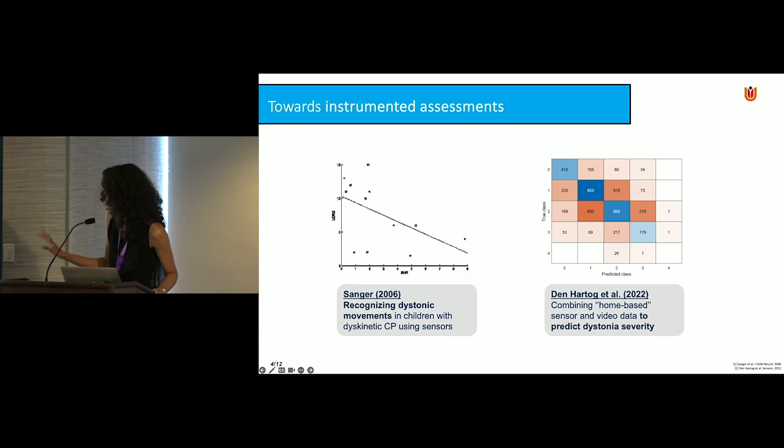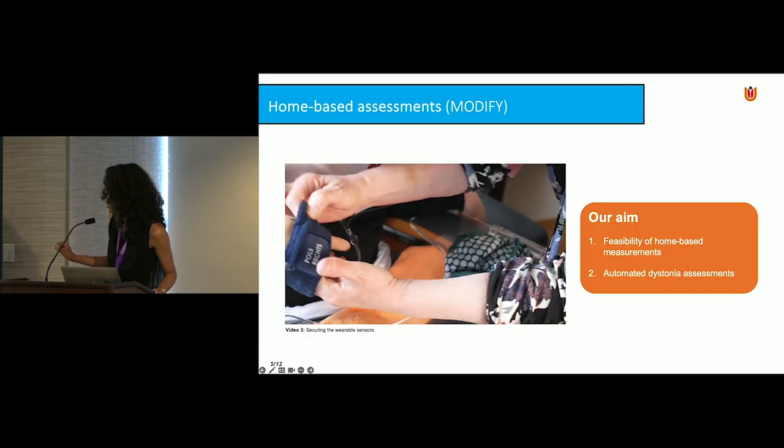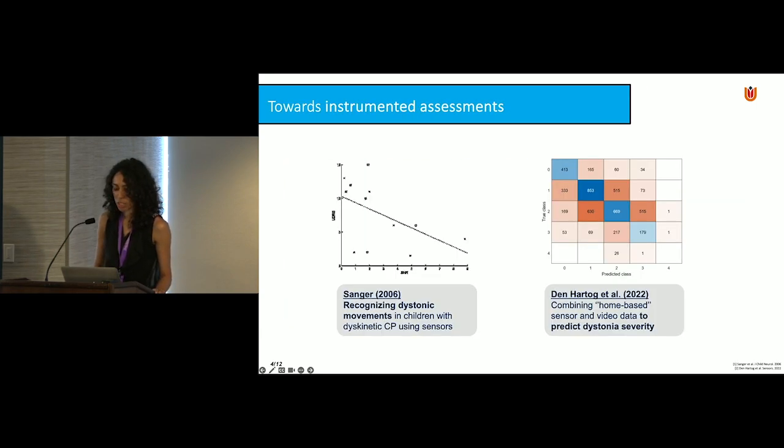And just to put it a little bit bluntly, what this graph shows is that there seems to be a relation between the data collected by wearable sensors and the way that we classify and rate severity of dystonia using a clinical scale.